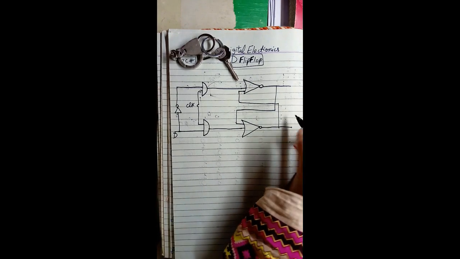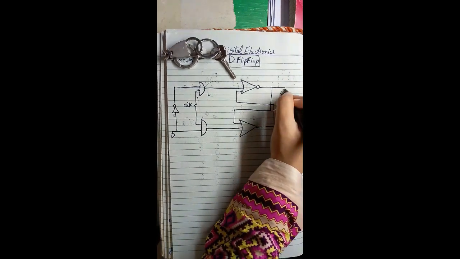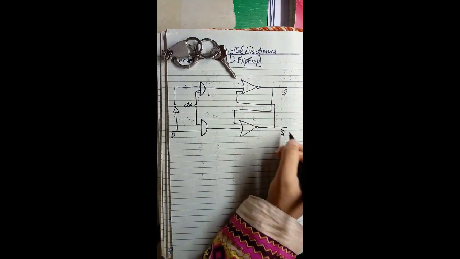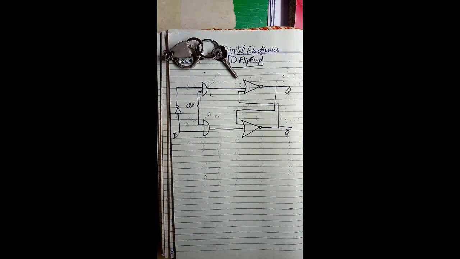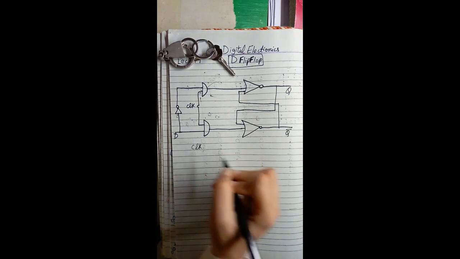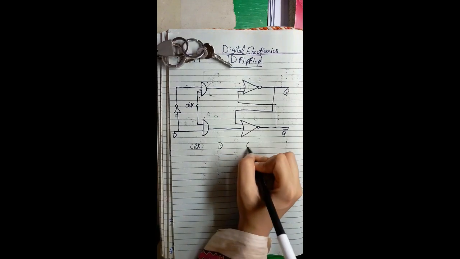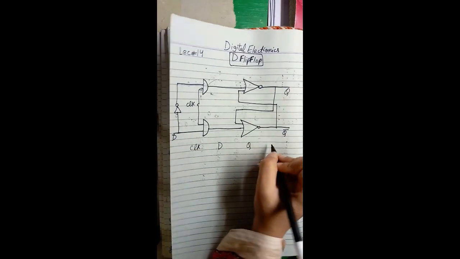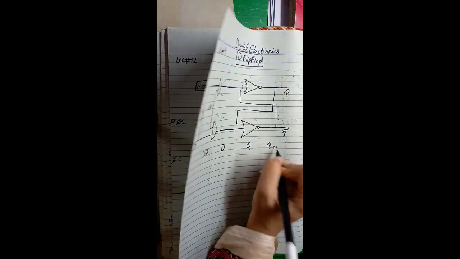Okay, this is our Q, and this is our Q bar, the opposite of this one. So now it will work like this: we will have our clock here, the D, Q, and Qn plus 1.